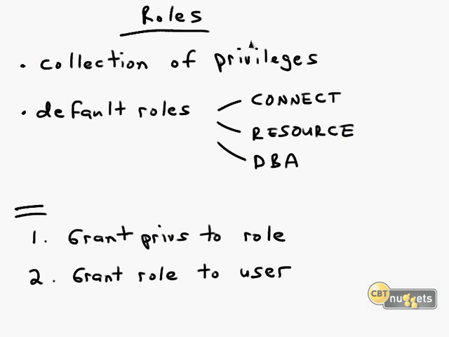A role in Oracle Database 11g is a collection of one or more privileges, and these privileges can be system and/or object. The role itself is a schema object. It exists in the data dictionary, and it's used to provide easier access control to your user population. Look at it this way.